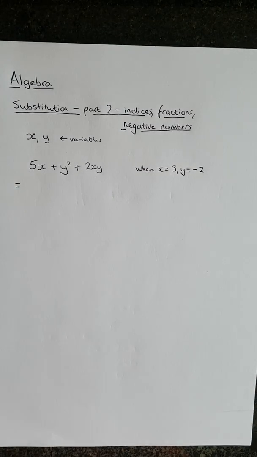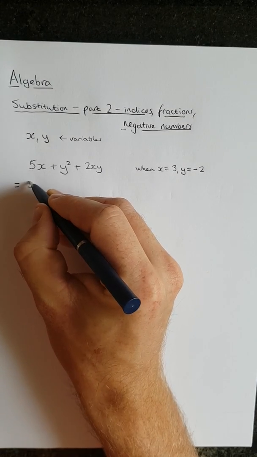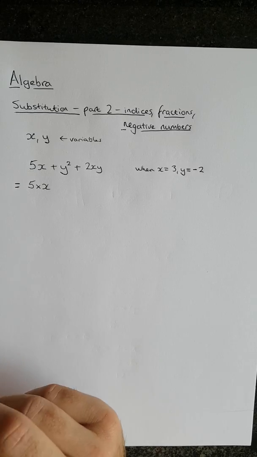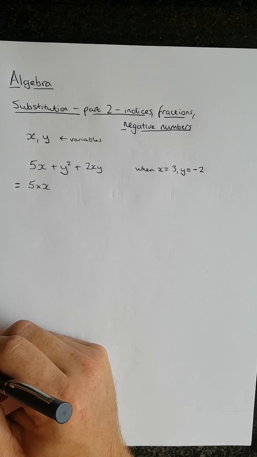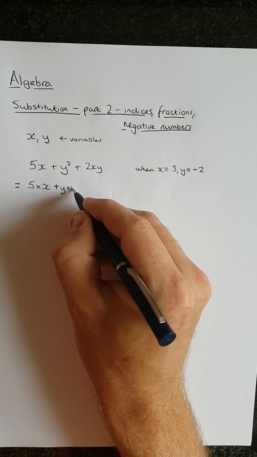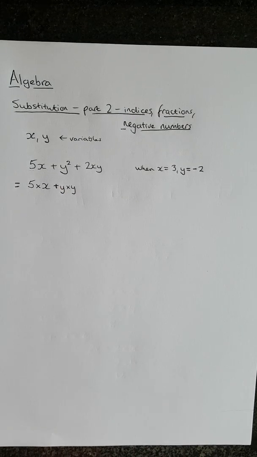So, what does 5x mean? It means 5 multiplied by x. Well done. What about y squared? Y multiplied by y.